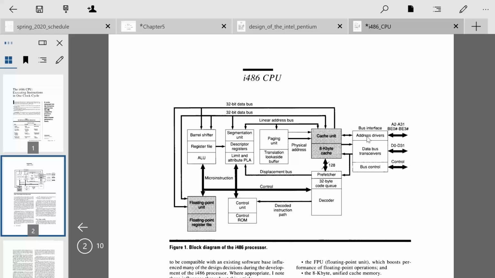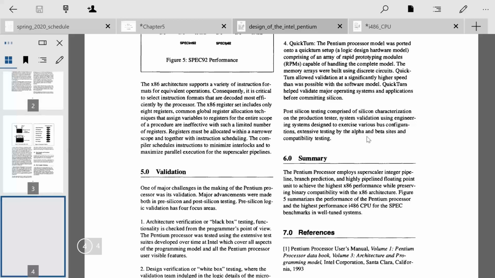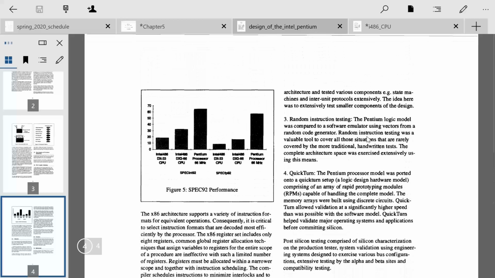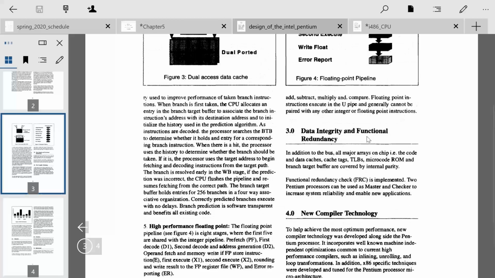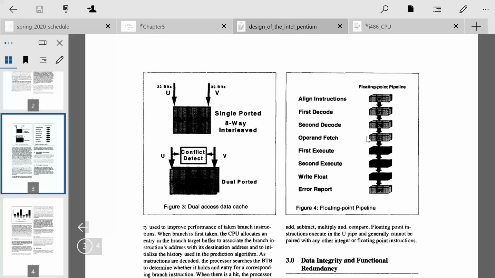So what the Pentium did is the Pentium went with a split cache, and one of the reasons, which we didn't really discuss the last time, is now you have two pipelines, which means each pipeline could potentially be trying to access data at the same time. So the structural hazard is exacerbated, right?